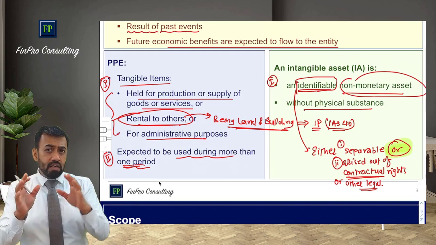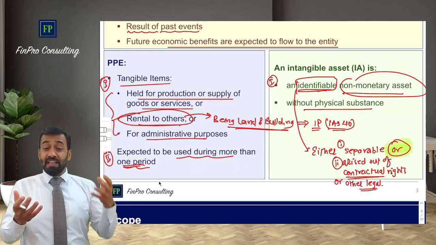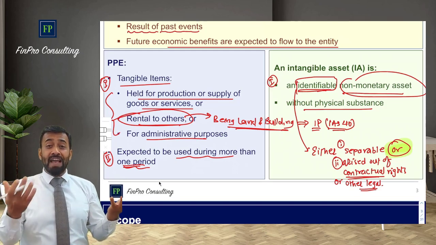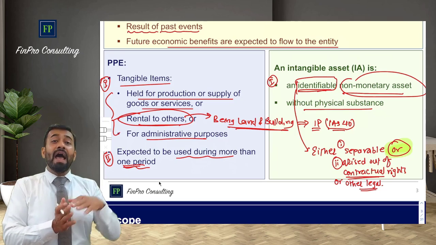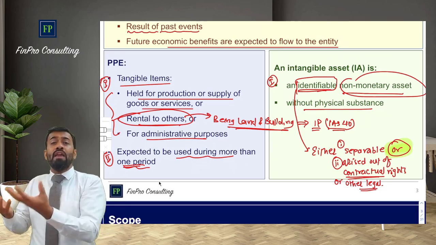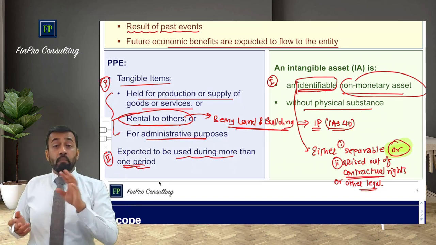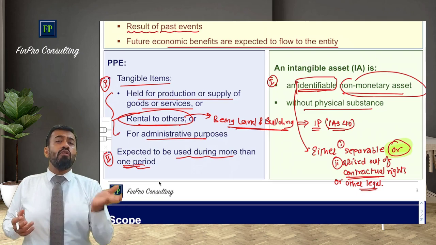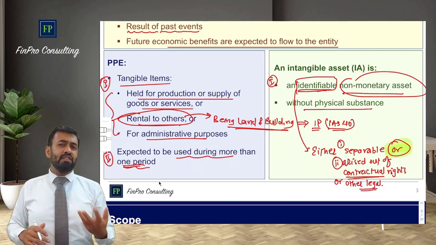But the point is, which form has more value? The tangible form or the intangible form, considering that you have to capitalize it as an intangible asset or tangible asset. If the tangible asset is more valuable than the intangible, then you will capitalize it under IAS 16, not 38. But if the intangible portion has more value than the tangible one, then you will capitalize it as part of IAS 38.